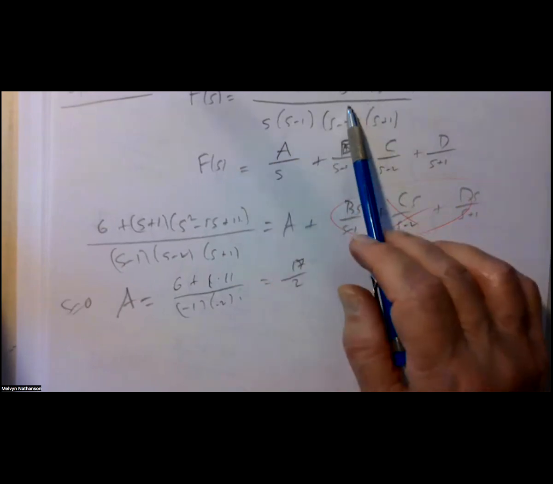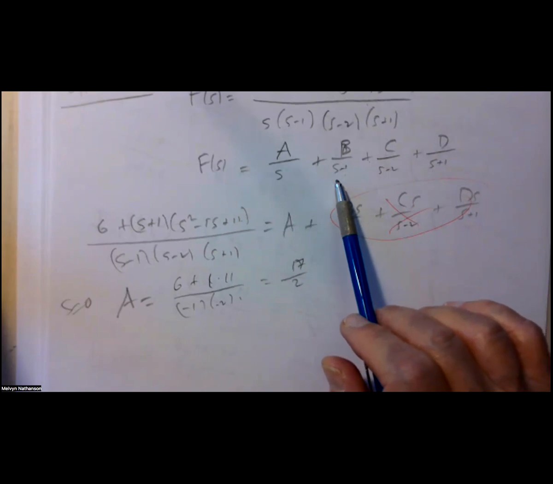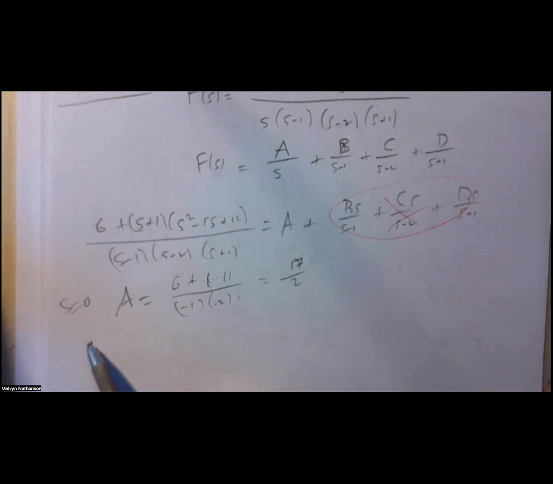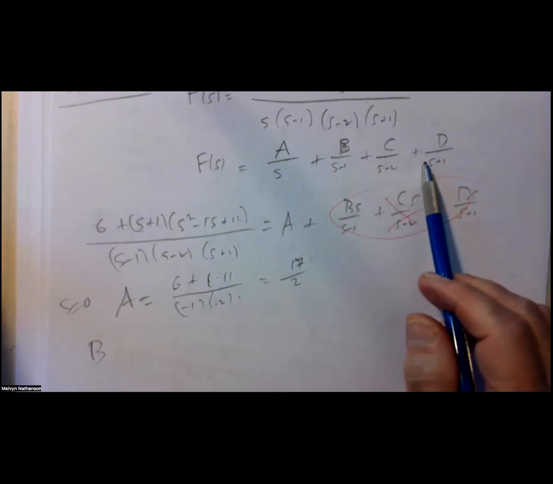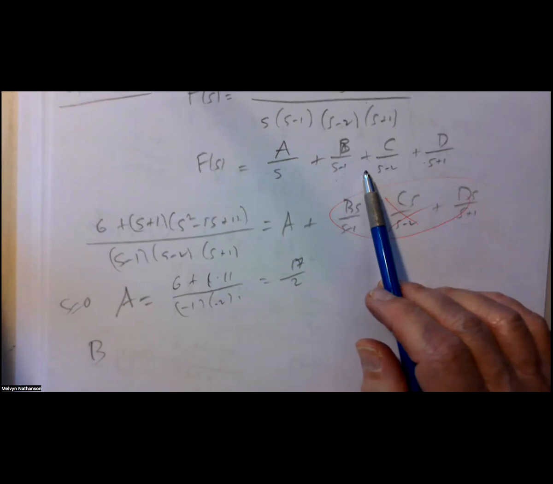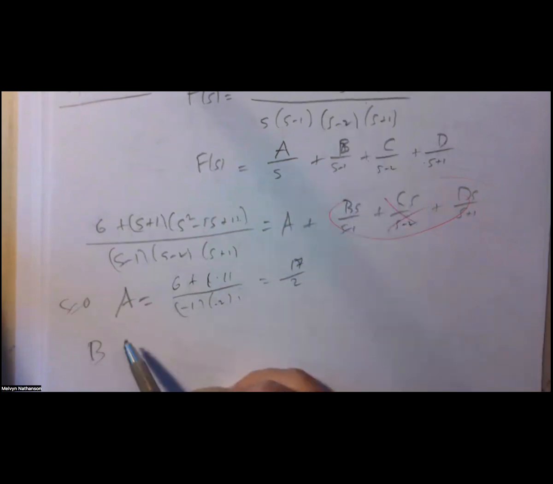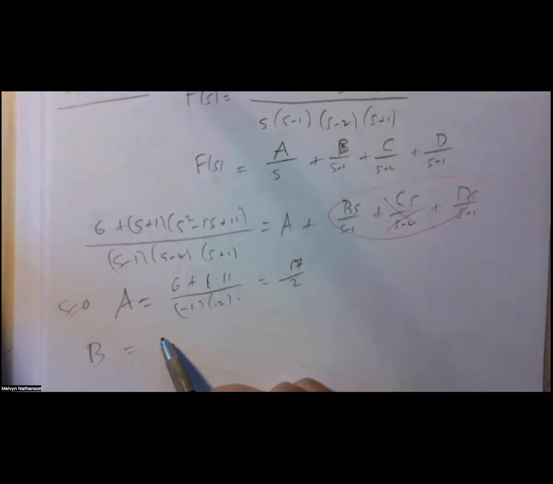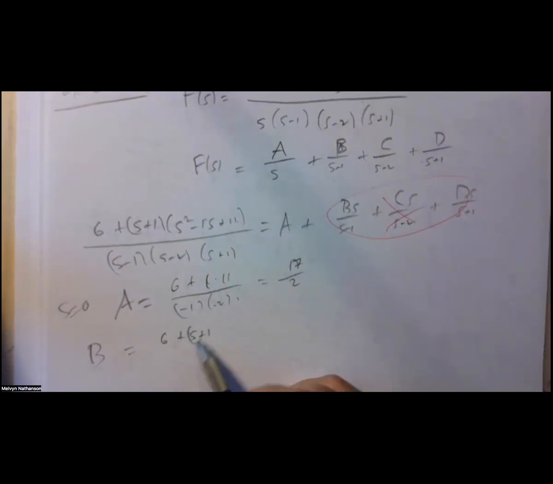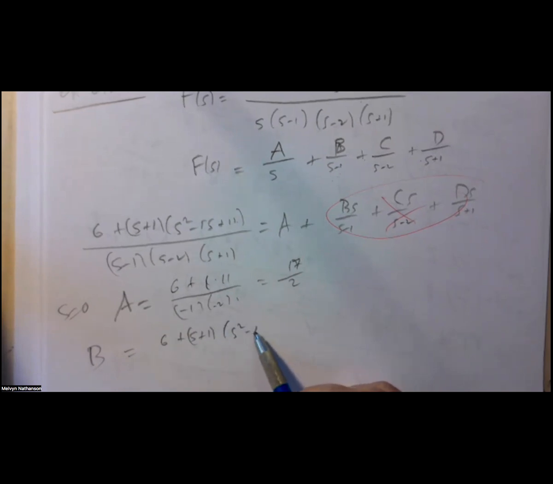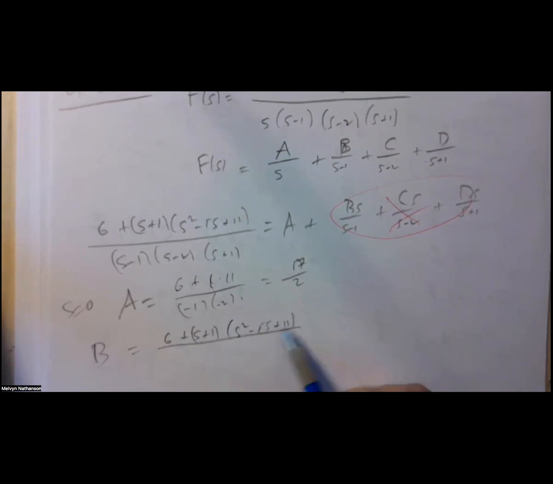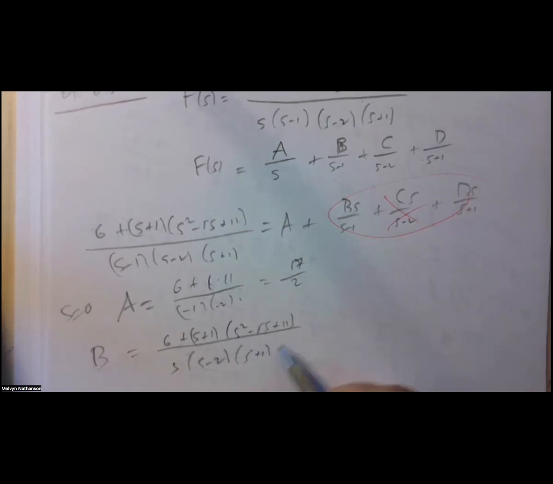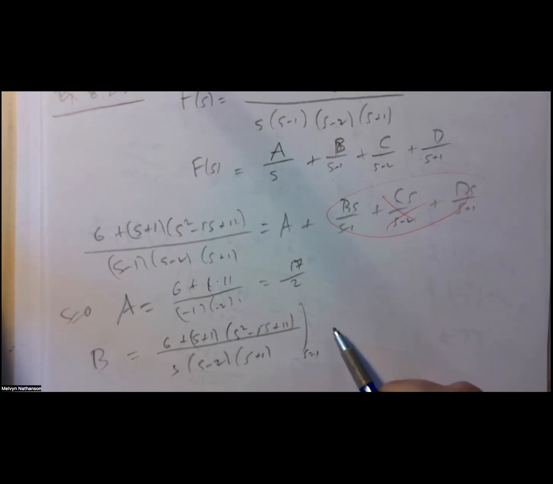What happens if we take this equation and multiply through by s - 1? We'll get on this side B times terms that involve s - 1. So when you let s equal 1, they all become 0, you've canceled the s - 1, it's going to be (6 + (s+1)(s² - 5s + 11)) over (s-2)(s+1), evaluated when s equals 1.